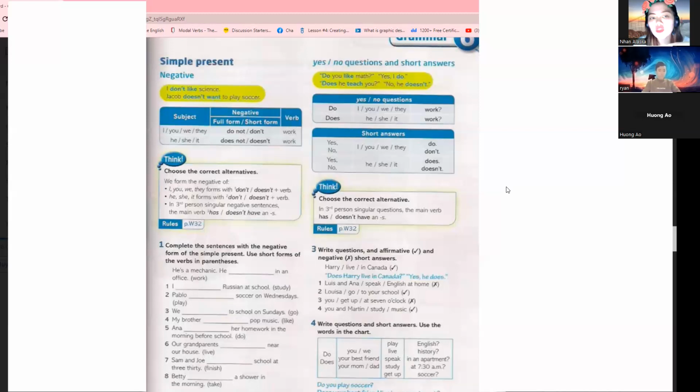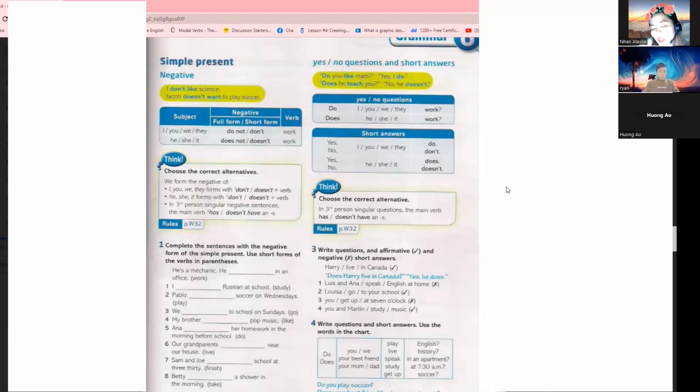But it isn't necessarily for an action happening right now. It also indicates unchanging situations, general truth or factual information, habits or daily routines, fixed arrangements, and some frequently occurring events. So that is the meaning of simple present tense.